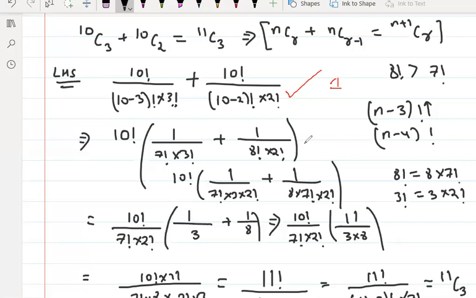Very good. This is step 2. Everyone got step 2. Okay, very good. Step 3. Then this is step 4. Step 5. Anyone have any doubt till step 5? Okay, no doubt. Very good.